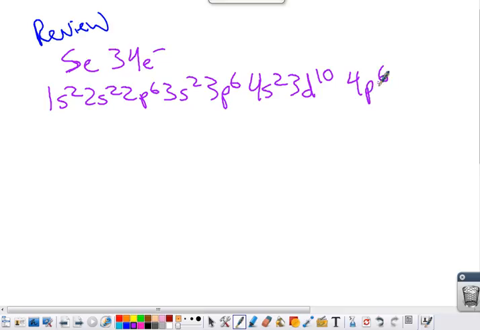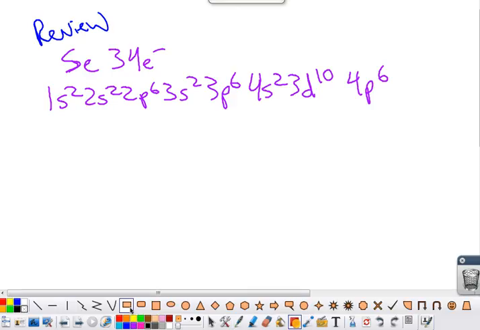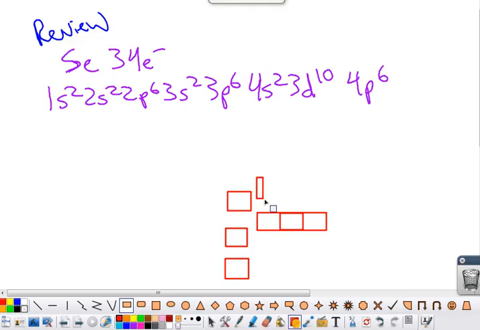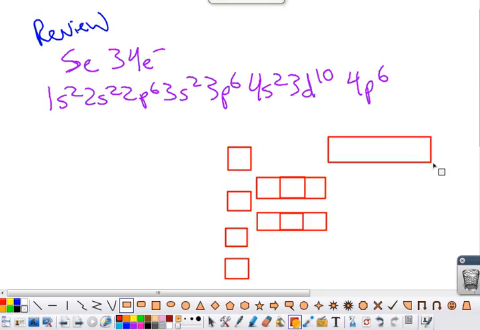And then we were doing energy diagrams, or orbital diagrams, depending on what you want to call it, for elements, and they had little boxes, and there was a 1s2 and a 2s2 and a 2p6 and then a 3s2 and a 3p6 and a 4s2 and then the 3d.